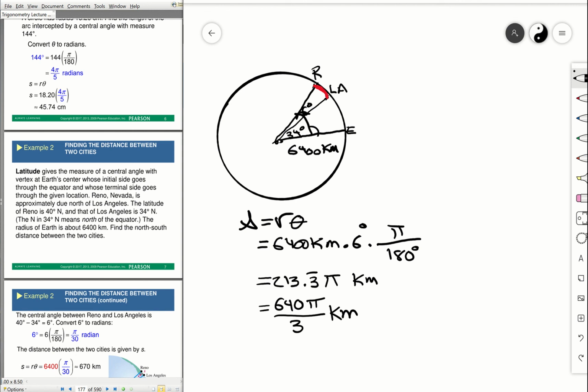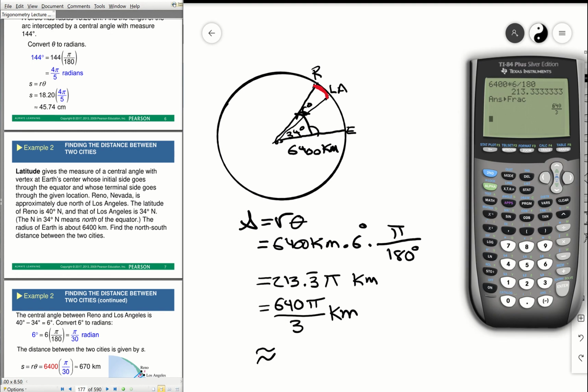So we usually will want to get an approximate answer, which we will now get by going ahead and multiplying out the pi. So if we just multiply that by pi, we get approximately, let's say this time, since it's a distance, let's round it to the nearest whole number.